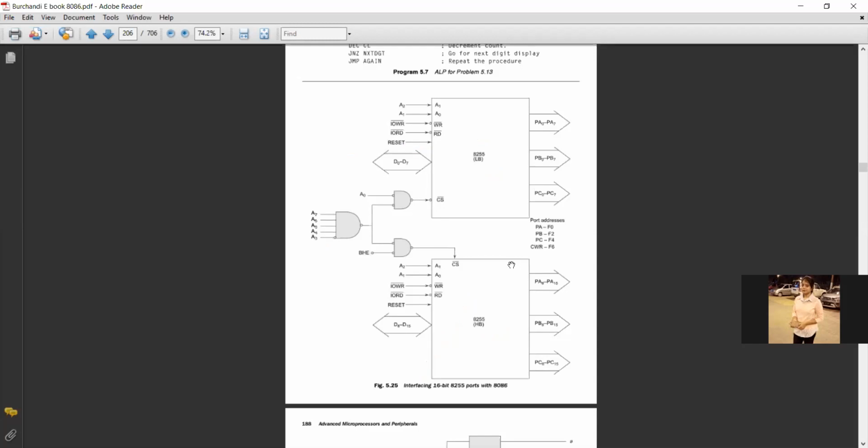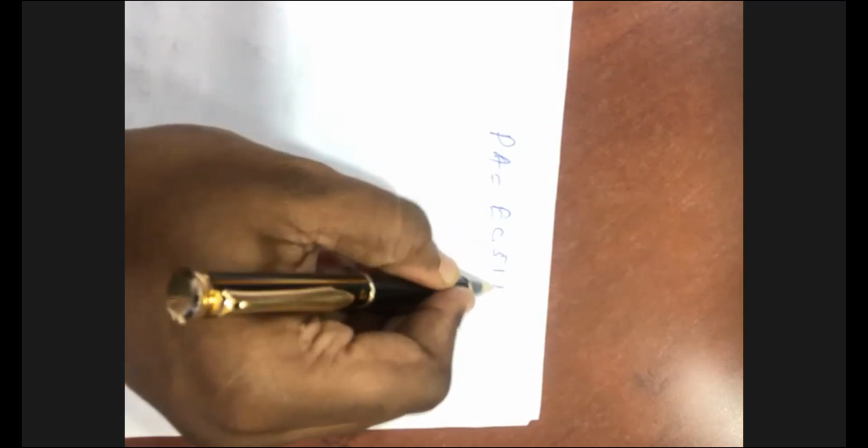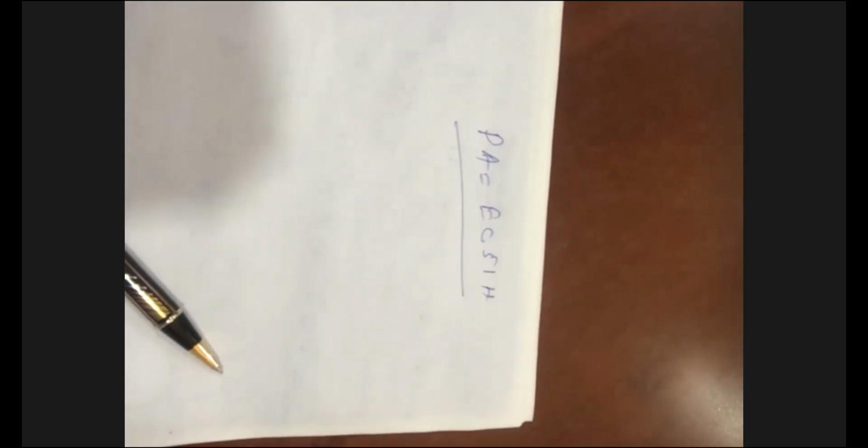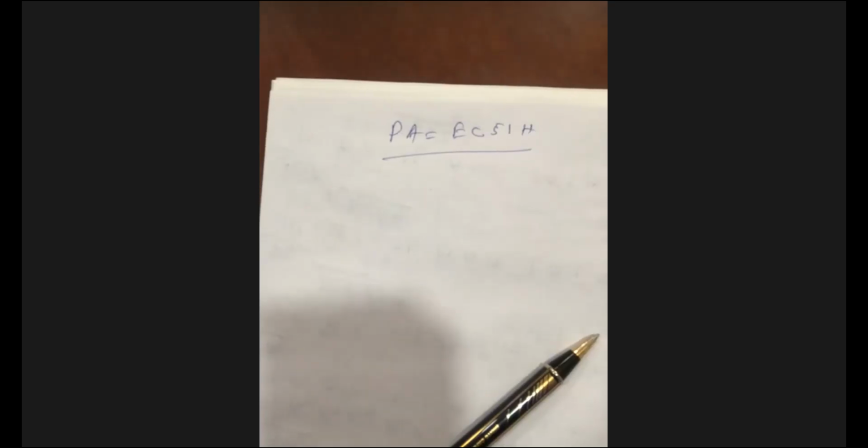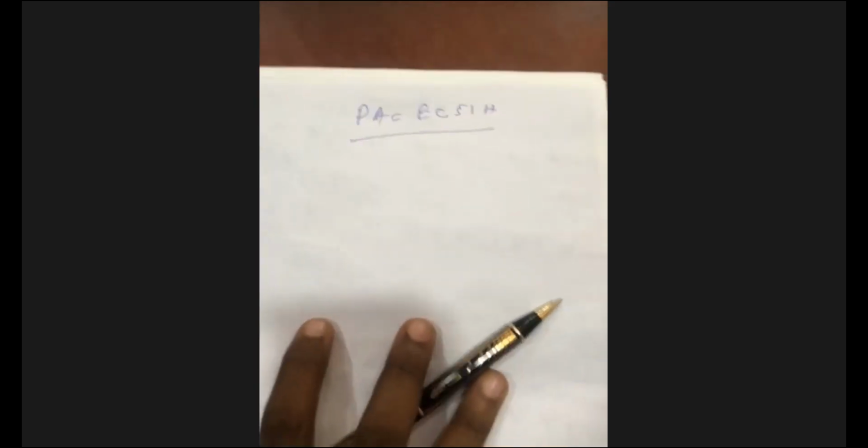If the address of port A is EC51H, then draw the interfacing diagram.